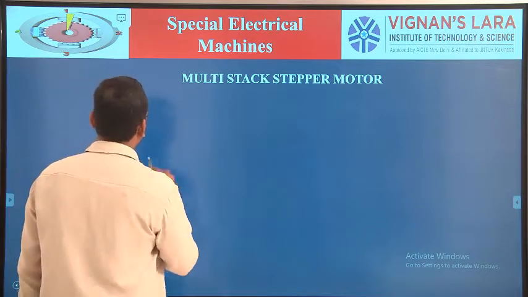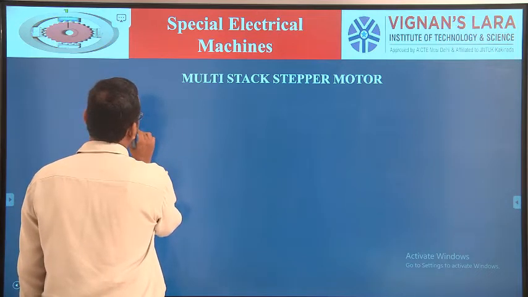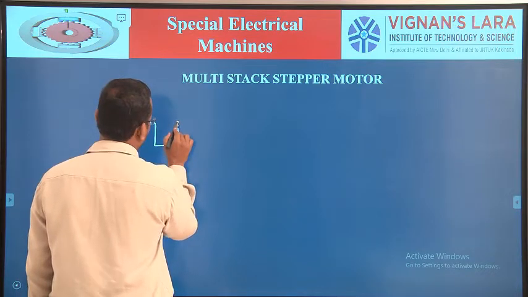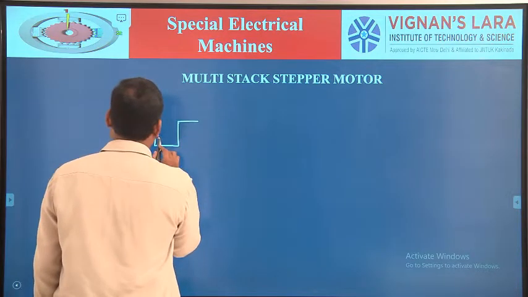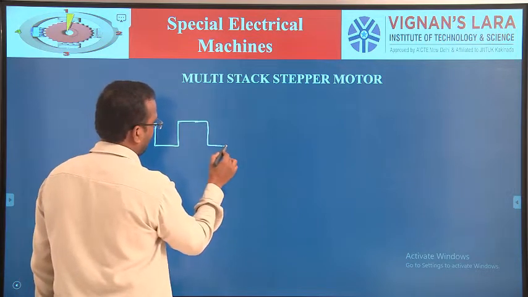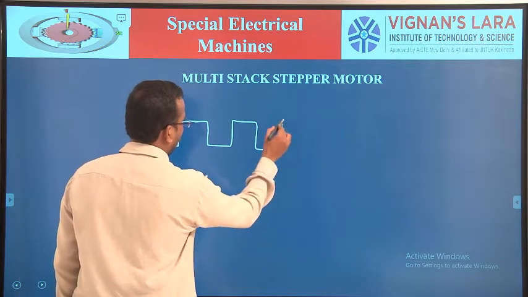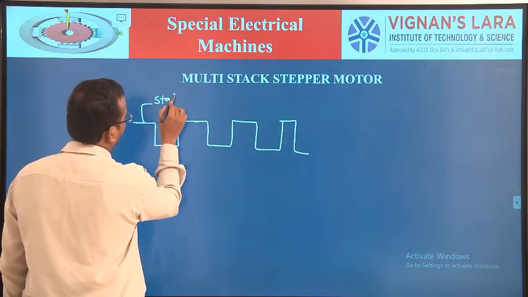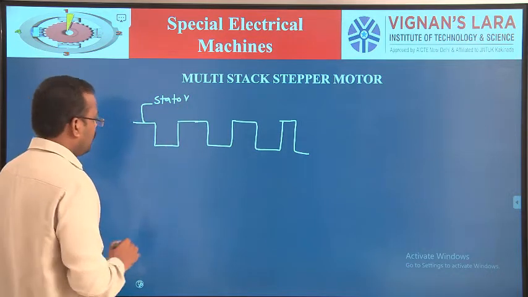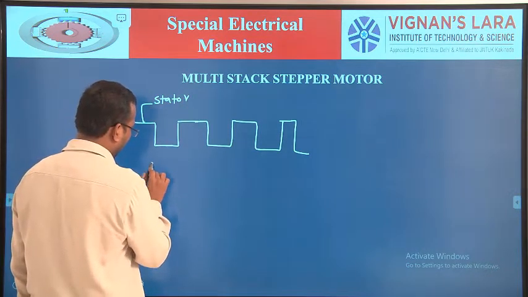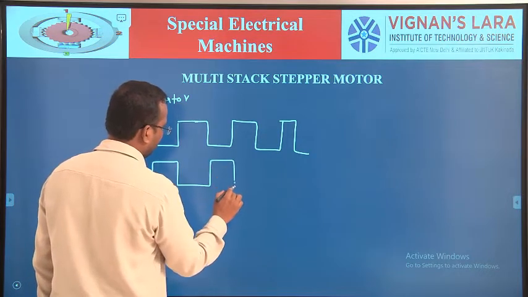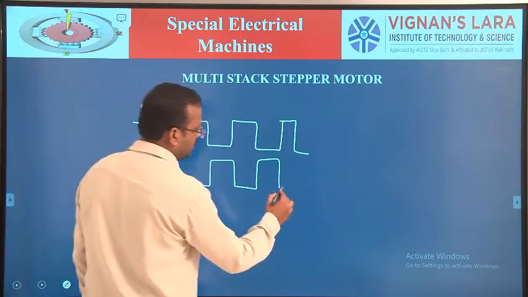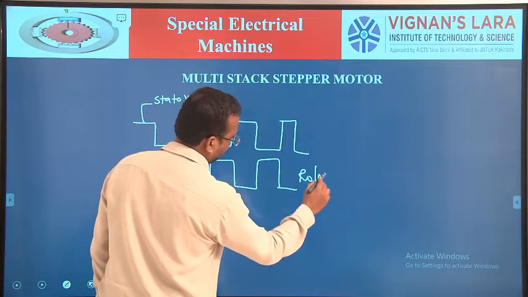So we have stator, this is the stator. So you have rotor here, this is your rotor.